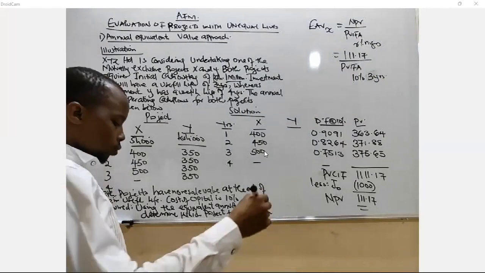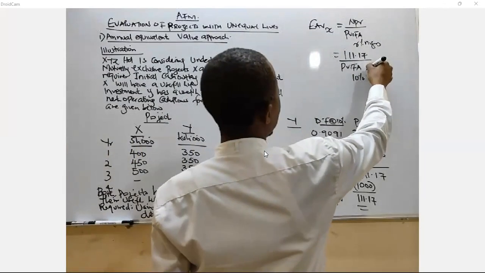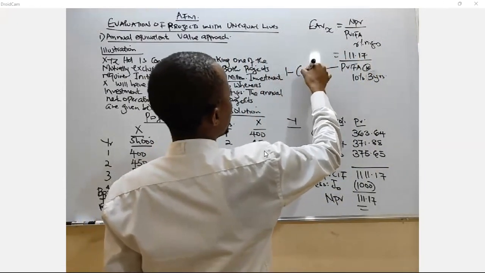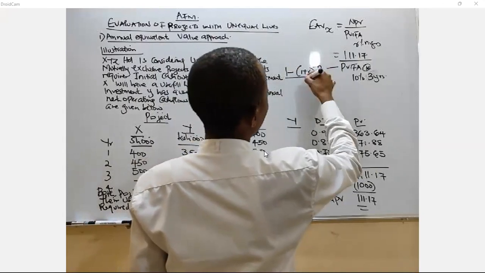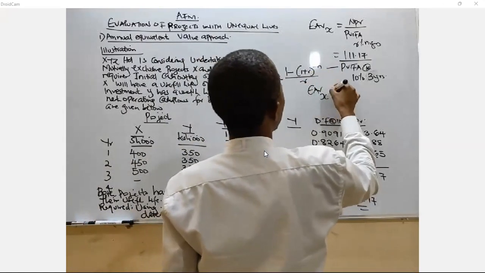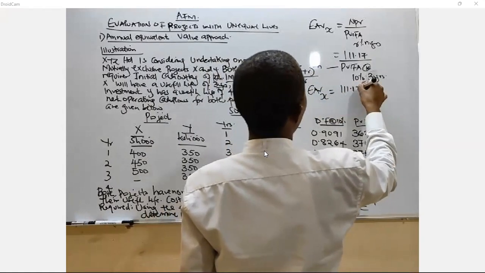Now, who can give me this factor? Using the formula, you normally use 1 plus R raised to a negative N, you divide by R. So the EAV for X will be 111.17 divided by what?